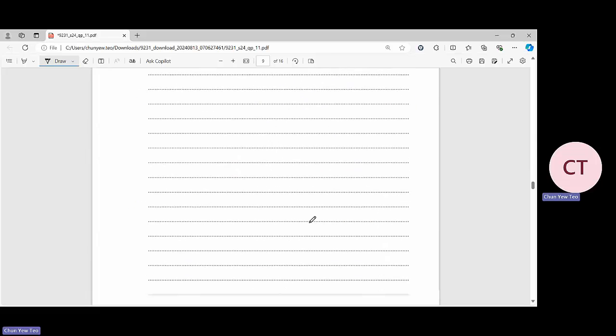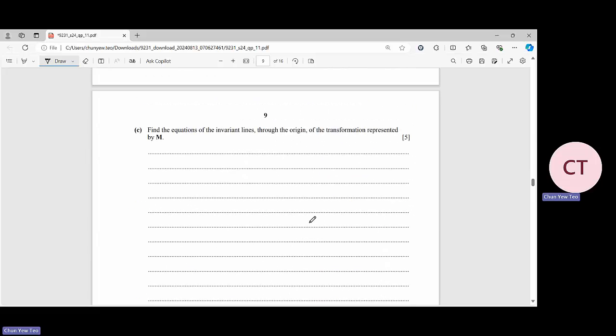Moving on. Question number C. They want you to find the invariant lines. Okay, so invariant lines are also quite routine. First of all, we need to multiply the A and B together. So your M is half, root 3 over 2, root 3 over 2 and half, multiplied by 1401.